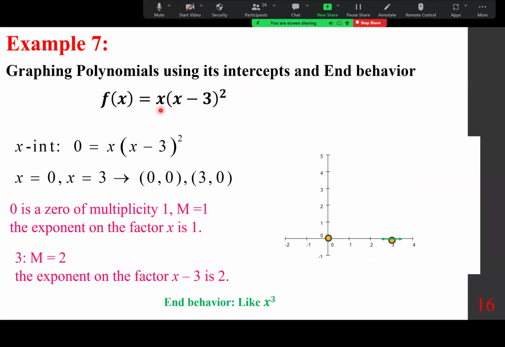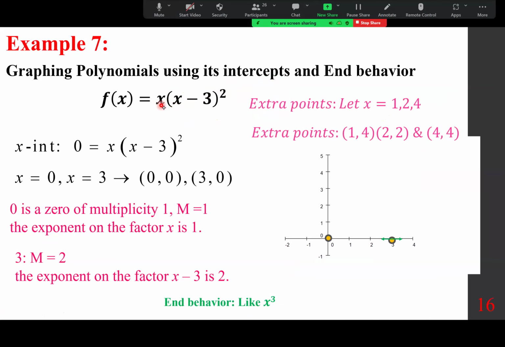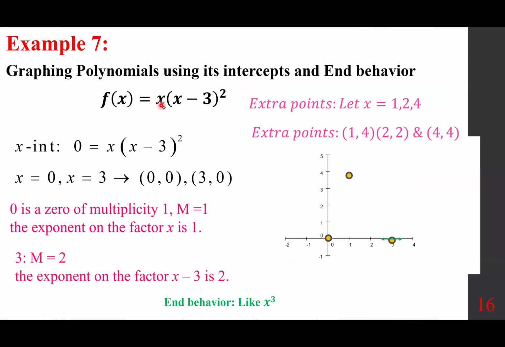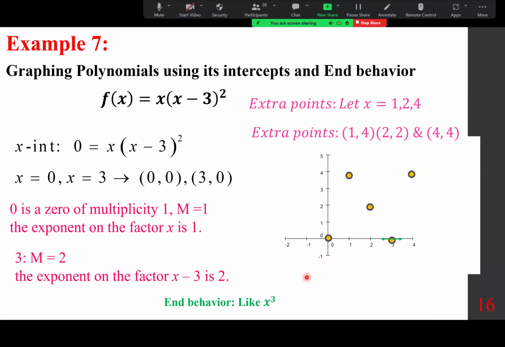If I put 2, 2 minus 3 is negative 1, squared is 1, times 2 is 2. So I can get those easy numbers also. Pairs, I have this one, this one, this one. Those easy points, and the graph looks like that. And there you have it. Please pay attention to the end behavior of the graph, everybody.